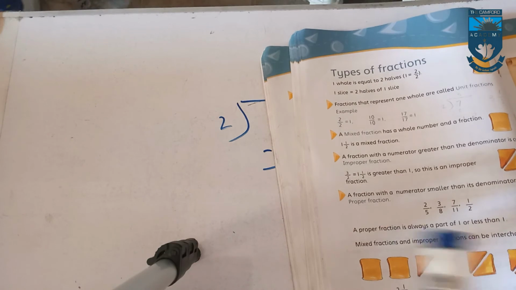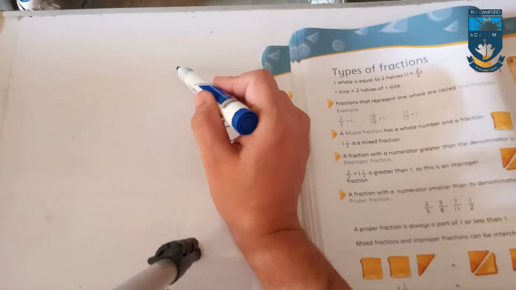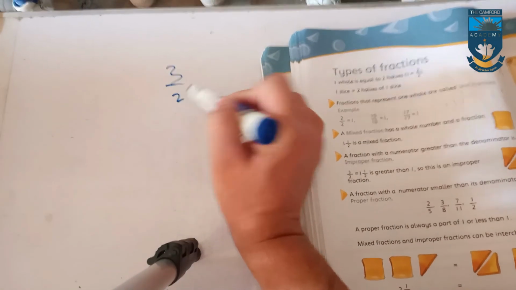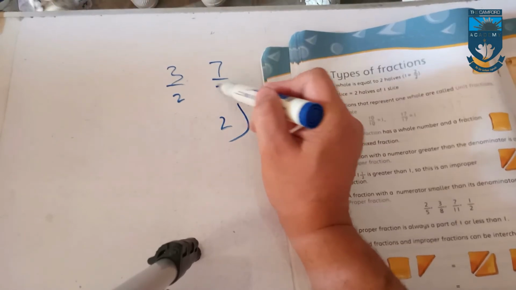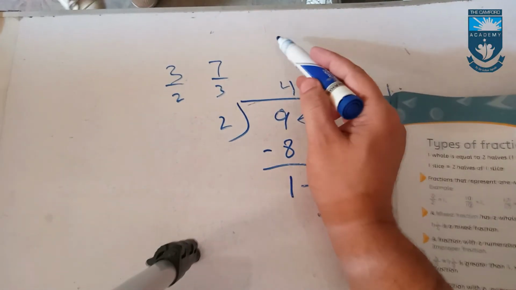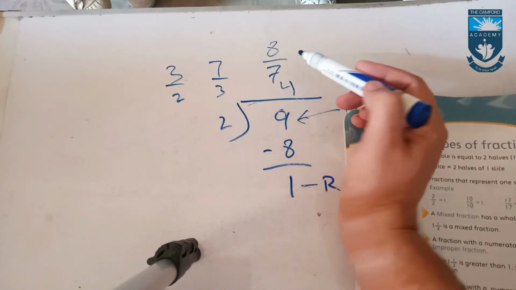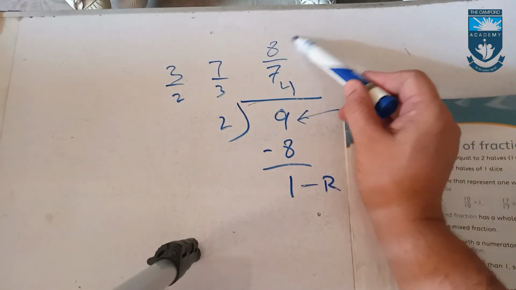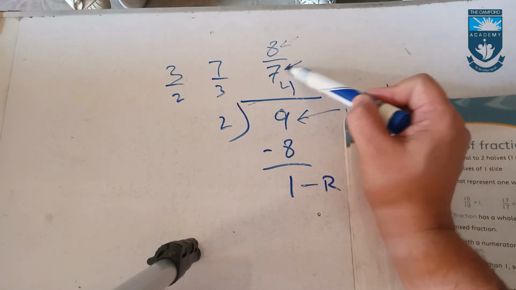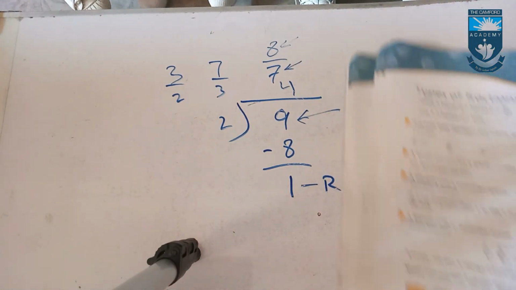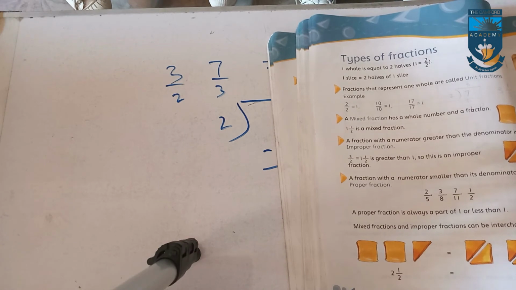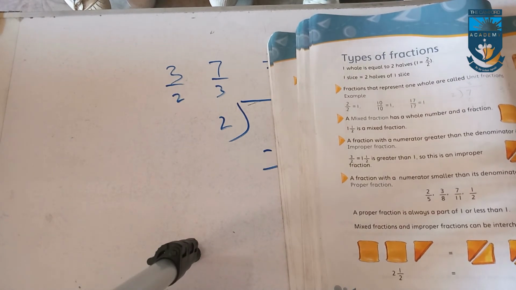Whenever you get something like 3 over 2, 7 over 3, or 8 over 7, this value is greater and this value is less. So these are examples of improper fractions.